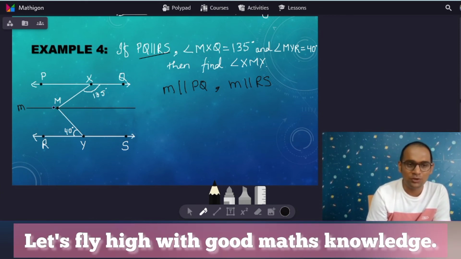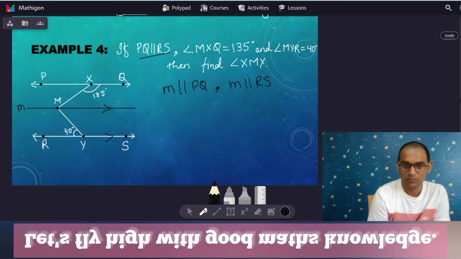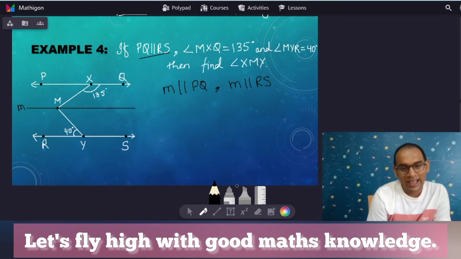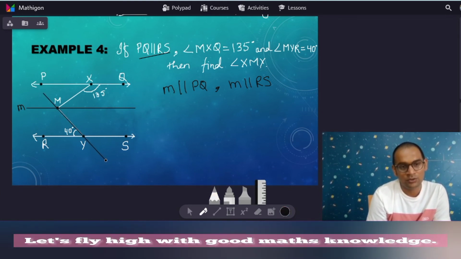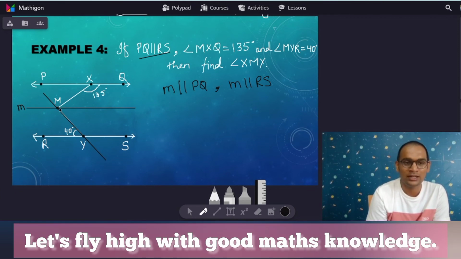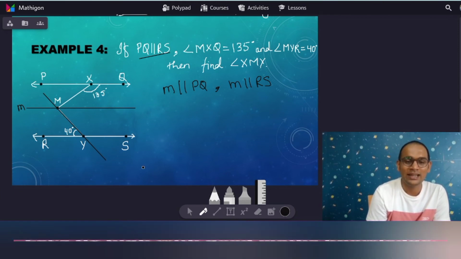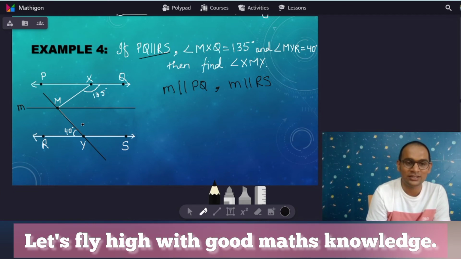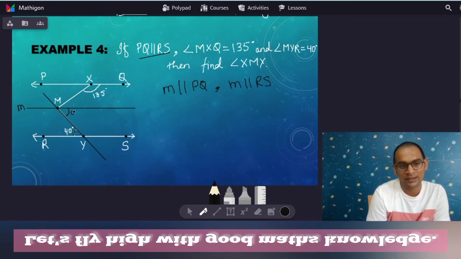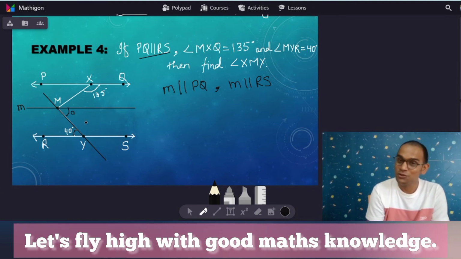Now, as you can observe, if these two lines are parallel to each other, we can see that MY is acting as a transversal. I will extend this MY to a little extra length so that it becomes clear. So it is acting as a transversal. Once it is acting as a transversal, angle 40 and this particular angle, I'll name it as angle A. Can you say what kind of angles they are?